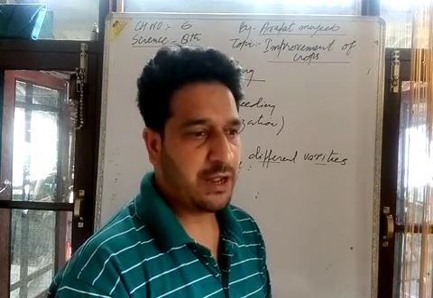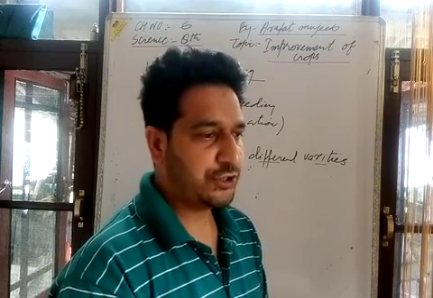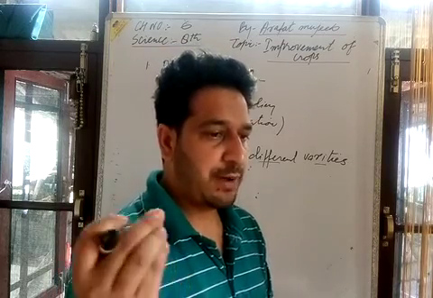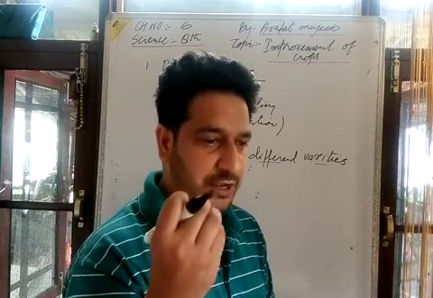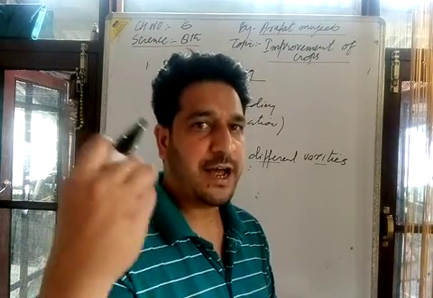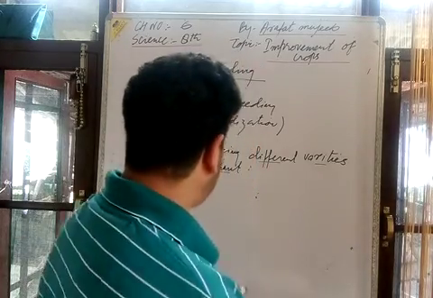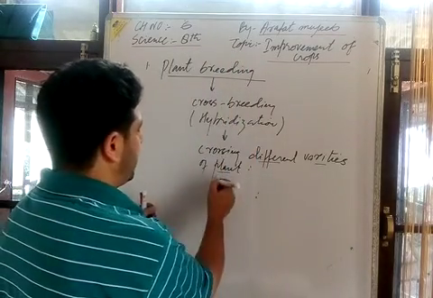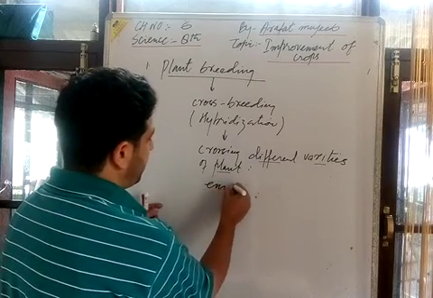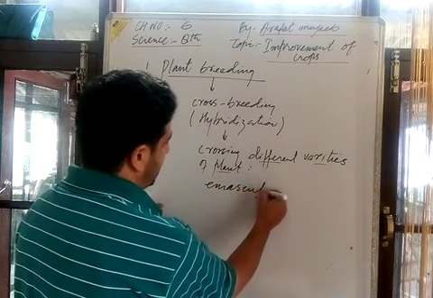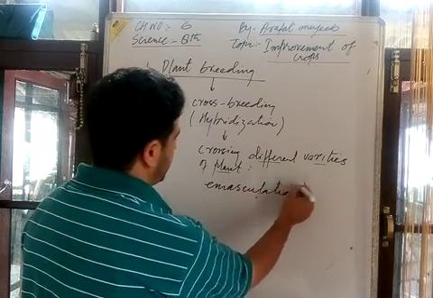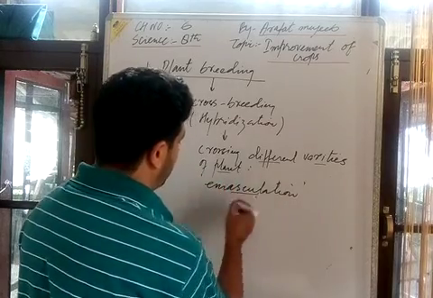it is an important economic practice. In cross pollination, one flower is pollinated by the pollen grain of another flower. Here in plant breeding, we have a term, emasculation. In emasculation, what do we perform?